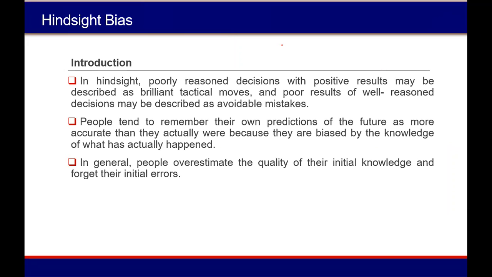That is, people feel that the things that have already happened are predictable, though they didn't predict it well, or they actually predicted differently. So it has been said that when the decision process is poorly reasoned, but you have seen the positive result, you feel that it was your brilliant decision.